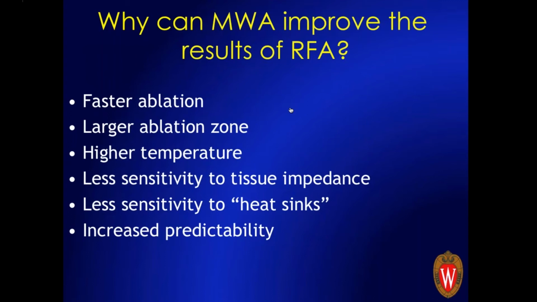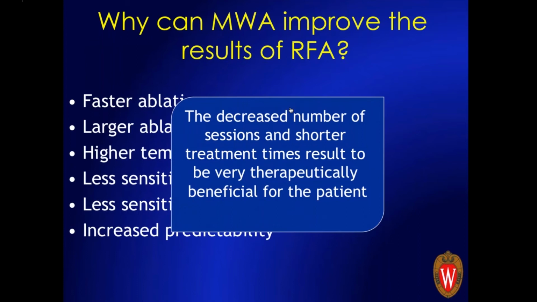The increased predictability is because it is unaffected by changes in the tissue environment. So the translation into clinical effects is that we can decrease the number of sessions and shorten treatment times, with great benefits for the patient.